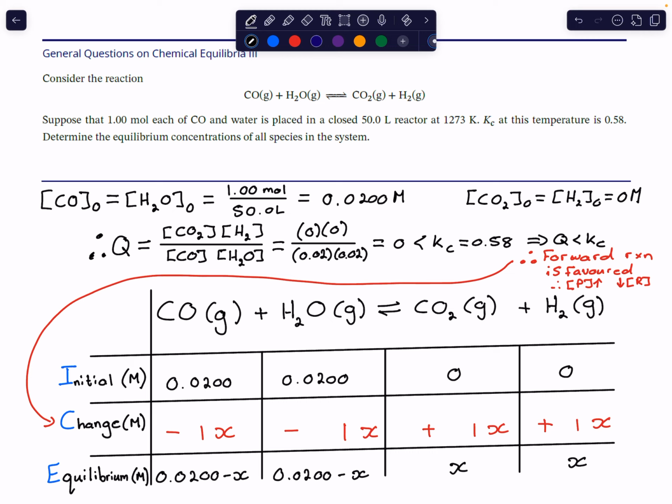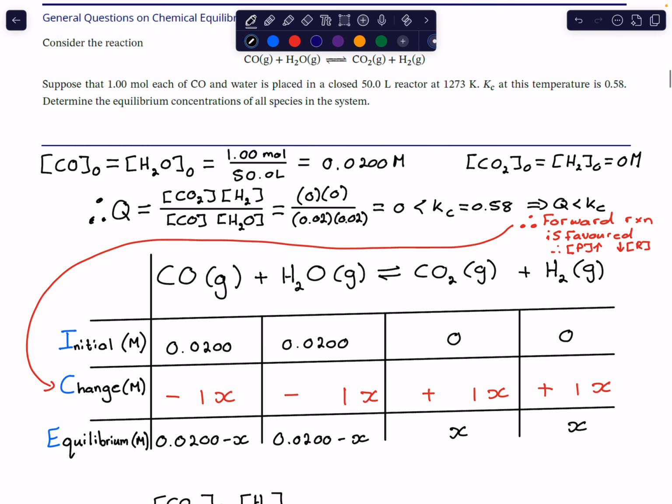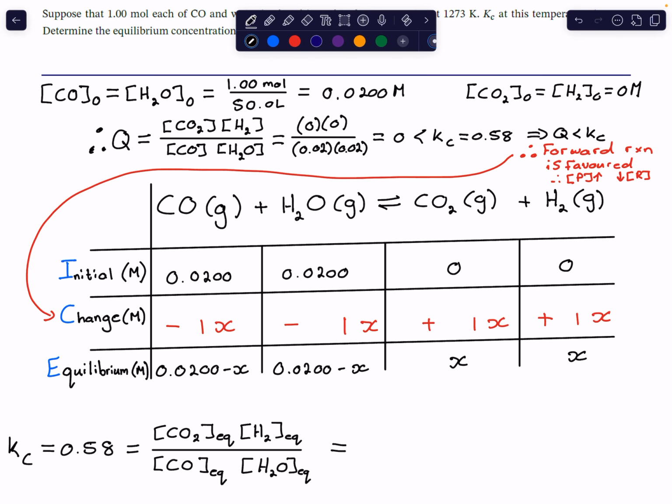But what we are interested in is actually what the physical quantities are. So we need to solve for this x value to get the physical numerical values. And what we can do to get this numerical value for x is use the Kc value, because Kc has a physical value, 0.58. So let's write Kc. So Kc is equal to 0.58, and that must be equal to the equilibrium constant expression, which is again equal to these concentrations at equilibrium, right?